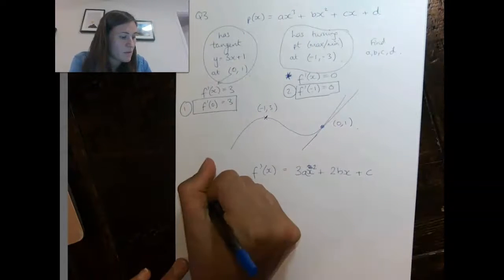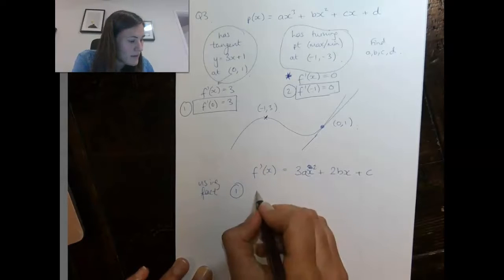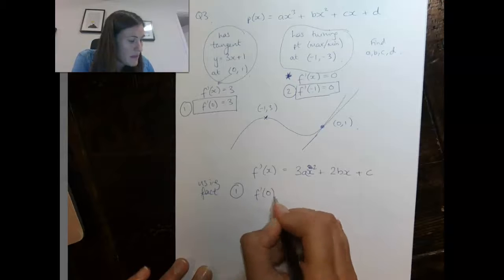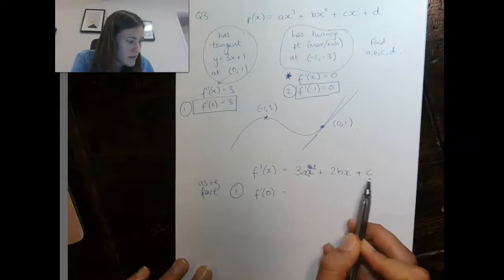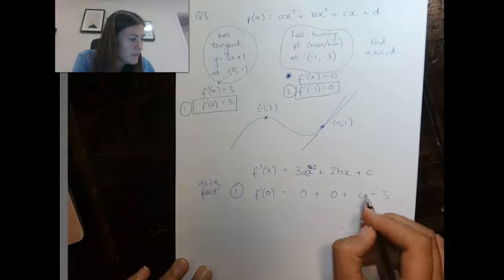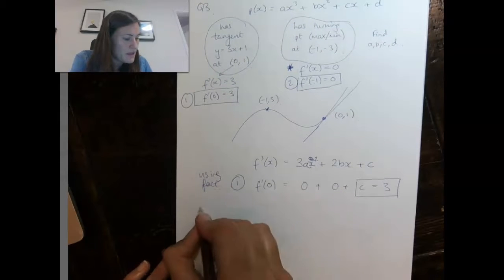So if I use fact number 1, I get that f dashed of 0 is going to be 0 plus 0 plus c. So 0 plus 0 plus c is 3. Well, that was nice and easy. I found c. It's a good start. Now let's see what happens if we use fact 2.